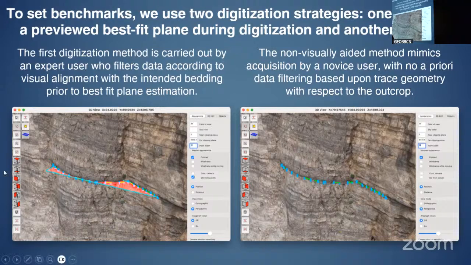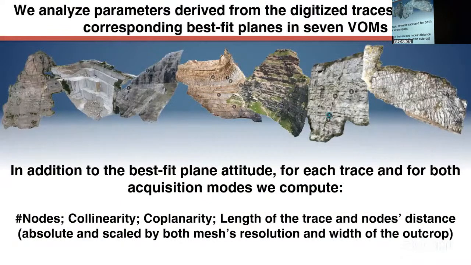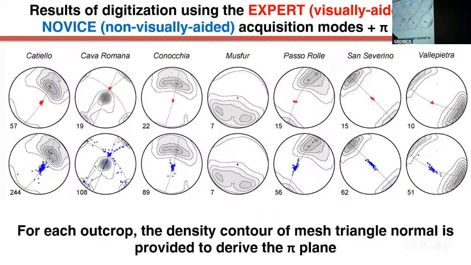This simulates the approach of a master student who picks everything, okay, without asking if it is correct. So comparison of the results obtained from the two approaches allows us to set a benchmark. We have done this in 8 outcrops, of different scale and different lithologies, to differentiate a little bit the starting situation. And that's the result.